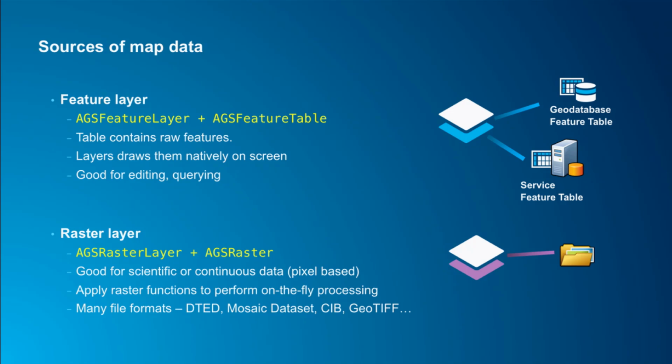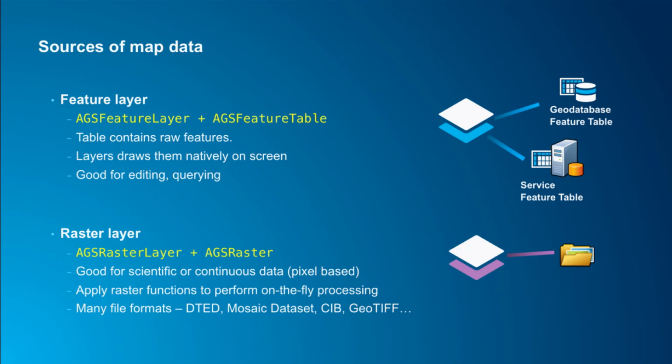And then we have introduced raster layers also, which are currently in beta on iOS, but they're available in final form on Mac. And we'll be releasing them for final in the next version of the iOS SDK. They're really good for pixel-based data, like elevations or temperature, where you can apply raster functions on the fly to do analysis and generate new products.